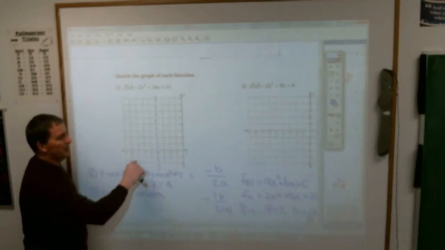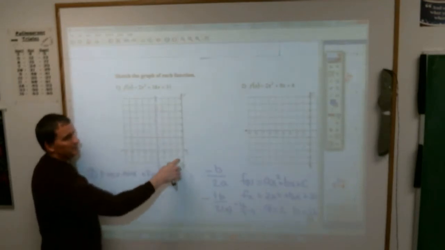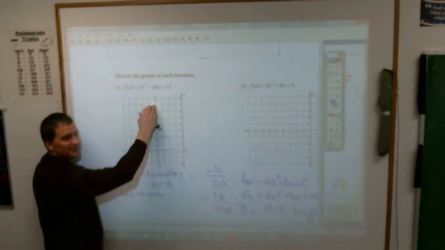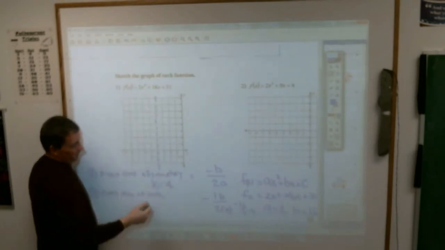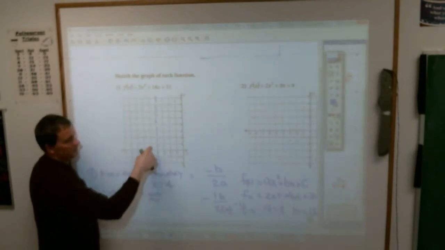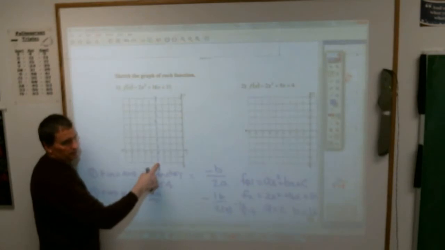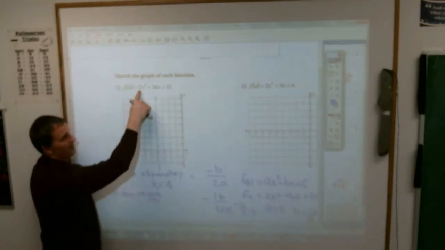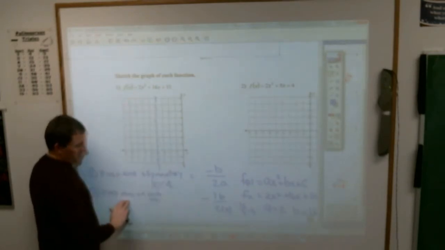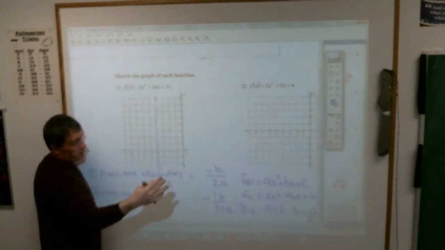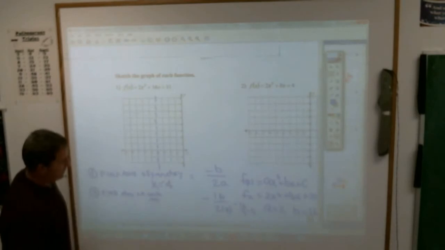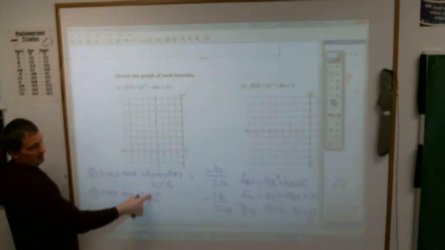If it is an N shape, that means at the axis of symmetry it's going to be the highest it's ever going to get, which is its maximum. So if this is positive, you're looking for its min. That's going to be the lowest point where it'll ever go. If this would have been a negative 2x squared, then I would be looking for its max, which is the highest it goes. So you do it the same exact way, it's just you need to make sure that's the top or the bottom.